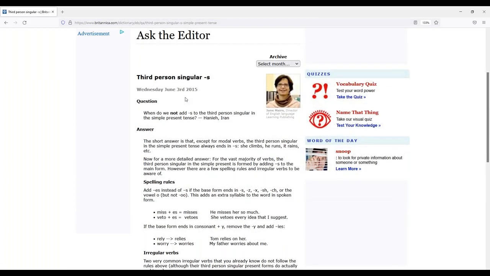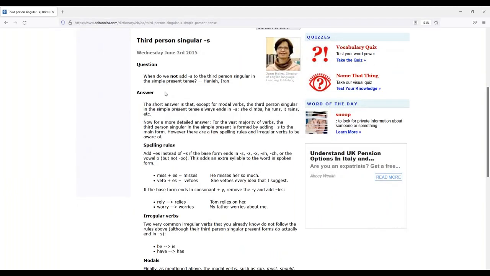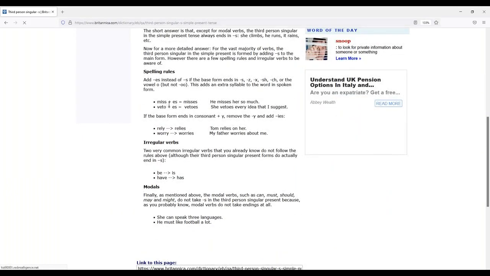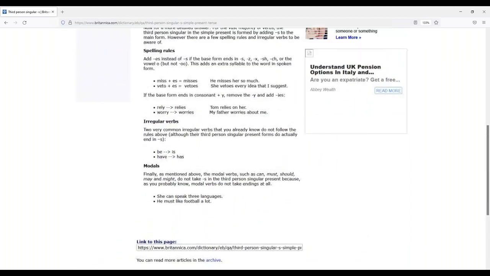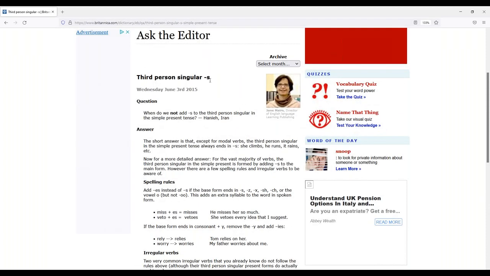Obviously, it's important that you start getting comfortable with the English websites as well. Okay, but third person singular S. These are just questions, though, questions and answers.